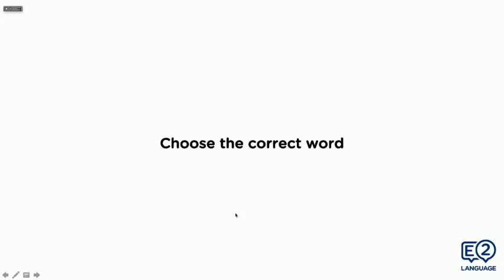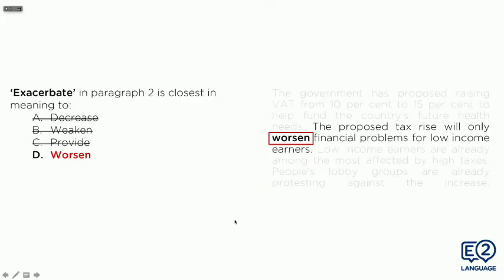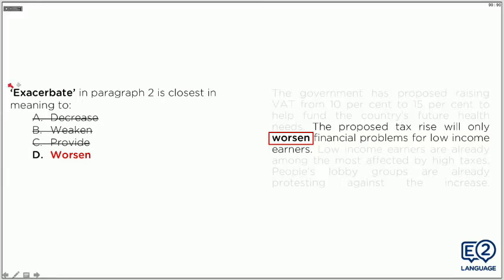Step 4, we have to choose the correct word, which is worsen. So let's see why. If you do not know what this word exacerbate means, and they will often be complex words, the proposed tax rise will only worsen financial problems for low-income earners. It will only exacerbate and worsen.